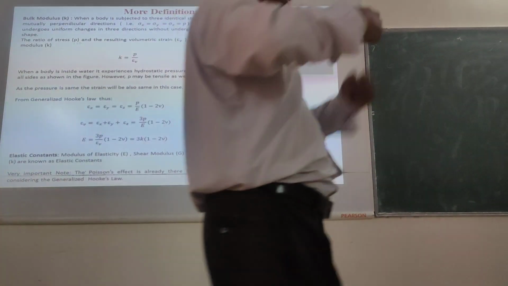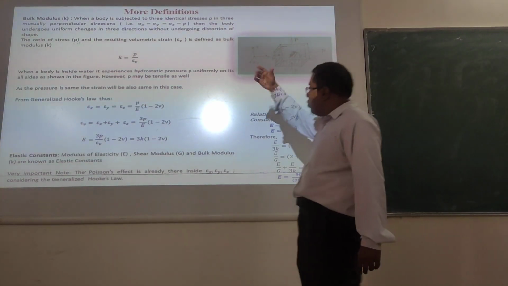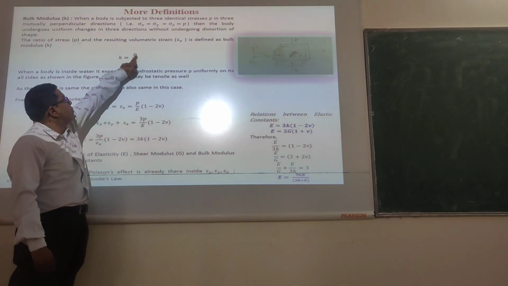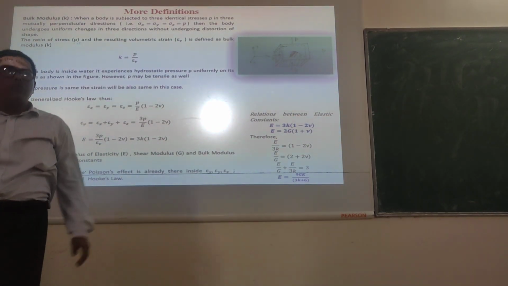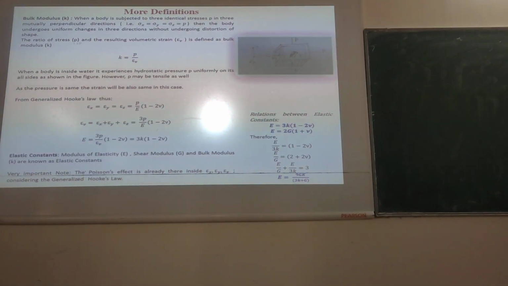Identical stresses means the same forces are acting in all three directions, and sigma x equal to sigma y equal to sigma z equal to p. If such a force is acting on the body, then the bulk modulus is defined as K equal to p by epsilon v, where p is the identical stress to which the body is subjected in the three directions.